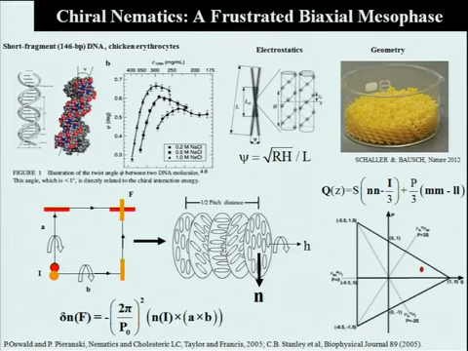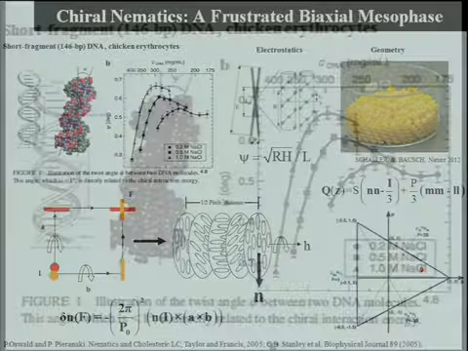in this self-assembly. So a key concept here is that there is a molecular twist angle. So this is short fragment DNA. I know it's not the particular example I was describing before, but this highlights what happens when you try to pack chiral objects. So you're going to have a small molecular twist angle, an object twist angle.